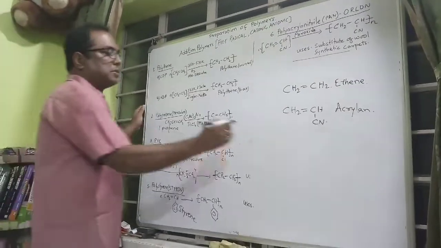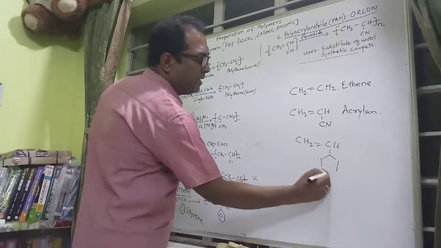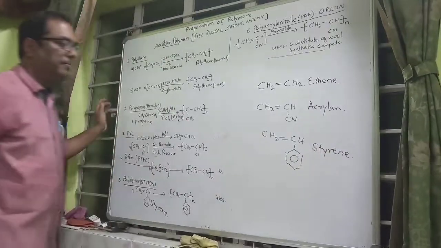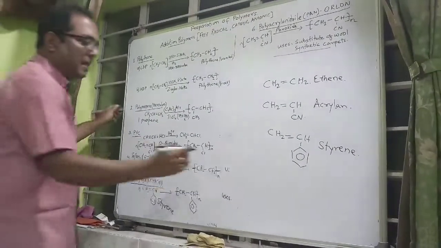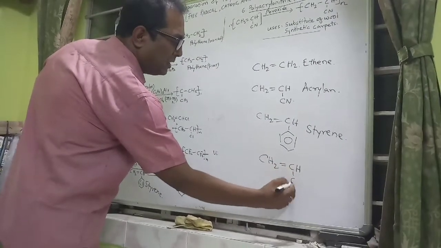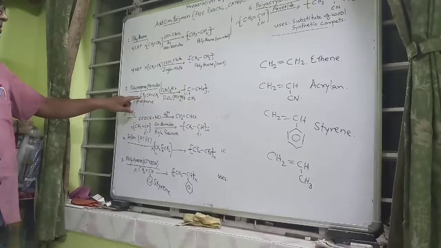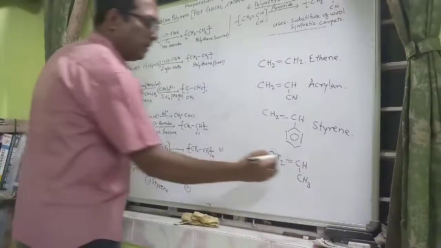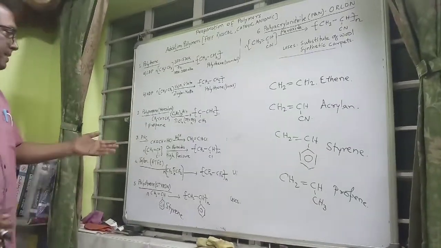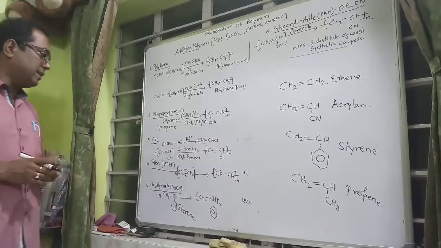Next is CH2 double bond CH, where one hand is replaced by benzene. It is called styrene, S-T-Y-R-E-N-E. Now again this is CH2 double bond CH, and if you add a CH3 with it, CH2 CH CH3, this is propene, P-R-O-P-E-N-E, and if you go on adding propene for n number of times, it is called polypropylene or harculon.